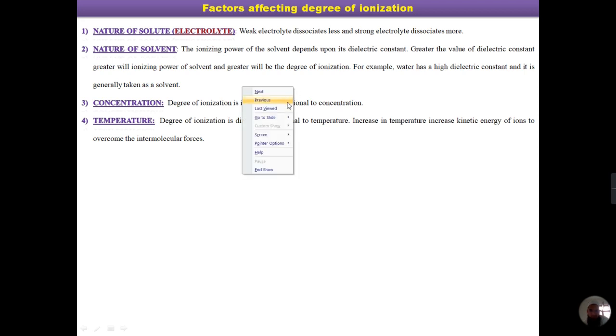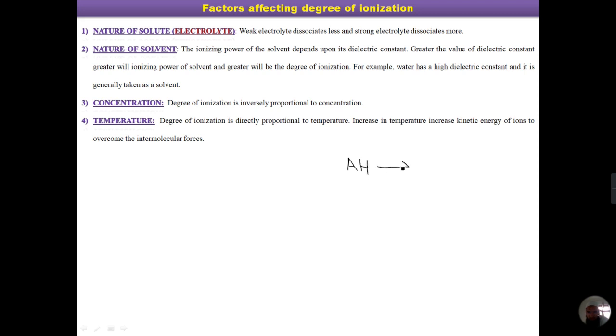So the factor number 1, factors affecting degree of dissociation or ionization. We have already discussed what actually you mean by the degree of dissociation. By degree of dissociation, we know that, for example, if we have an electrolyte, which is a substance that you dissolve in some solvent, it gets dissociated into ions.